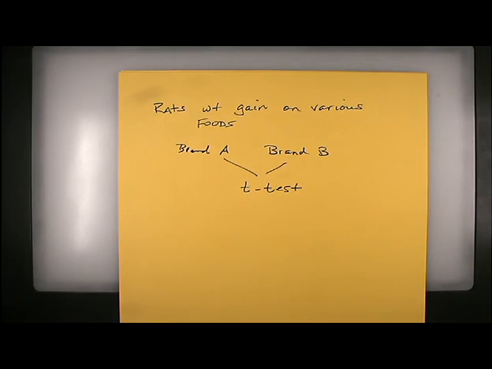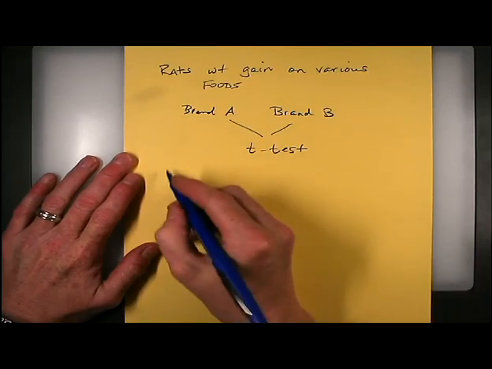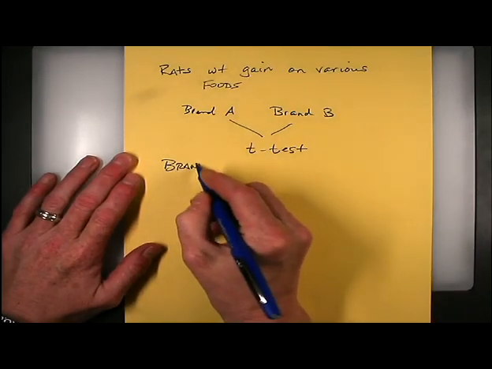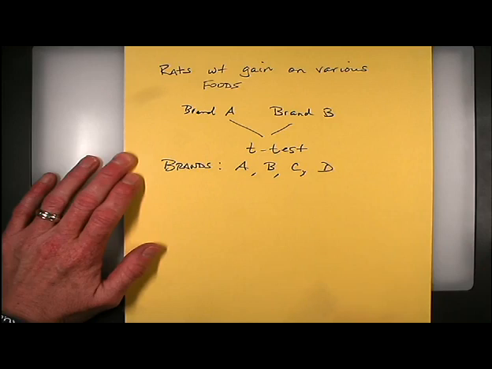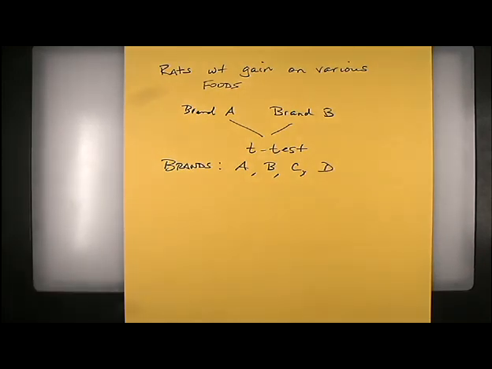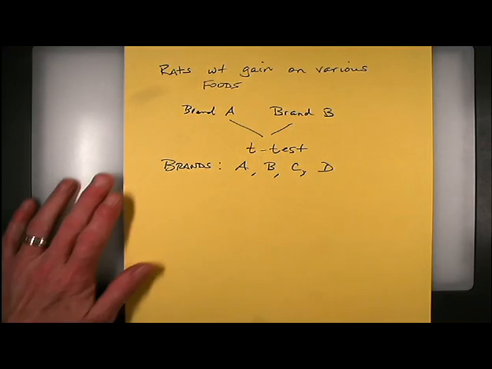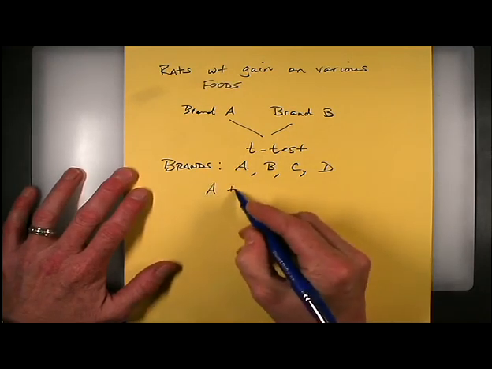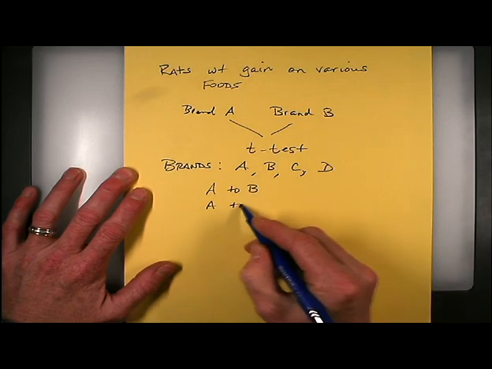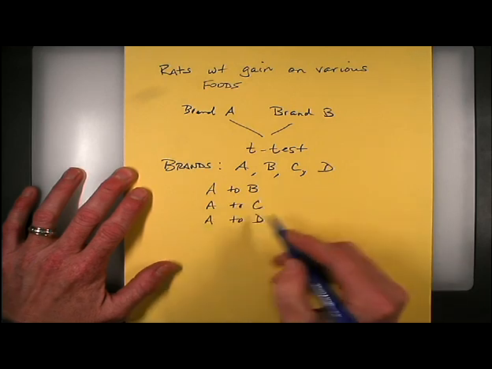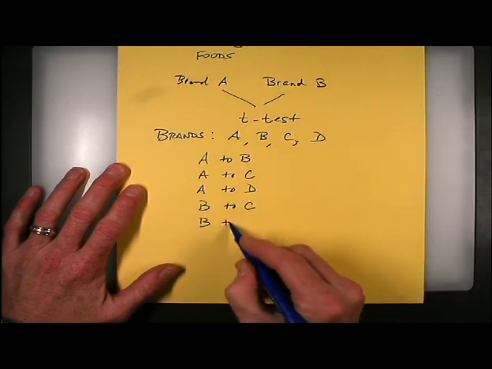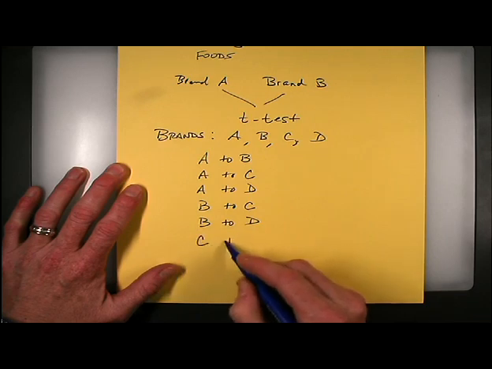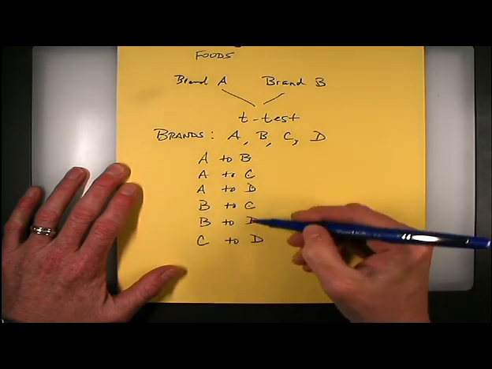But if I want to have a few more in there, there's a bunch of different brands I could try. So now I've got brands A, B, C, and D. In order to compare these using t-tests, right, I'd have to go A to B, A to C, A to D, B to C, B to D, and C to D. So 1, 2, 3, 4, 5, 6.